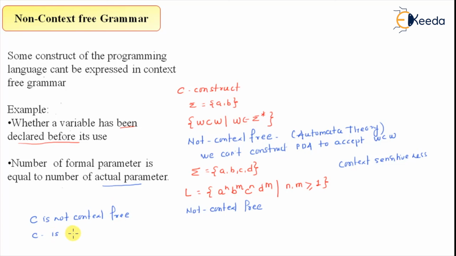C is a context-sensitive language, because a few things we cannot express here, and this is one of the important statements: we cannot express everything by using context-free grammar. C is not context-free, C is a context-sensitive language.